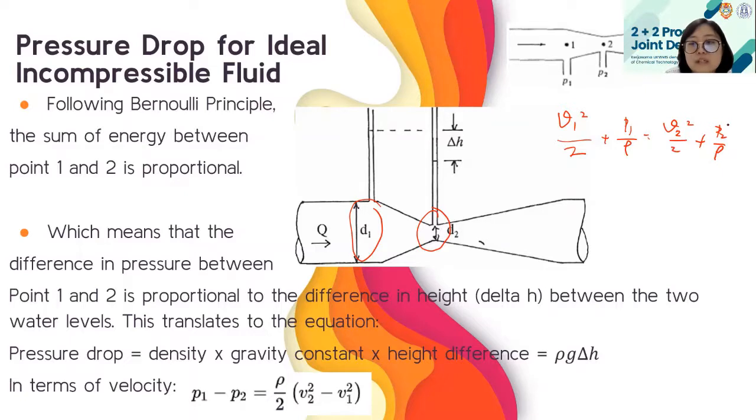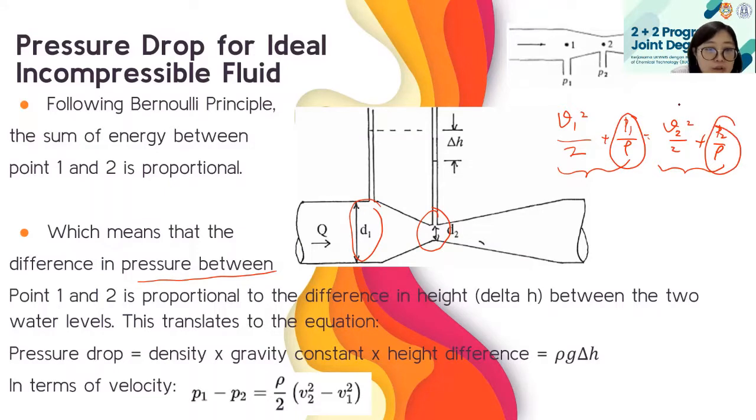So it's actually proportional, which means that the difference in pressure between point 1 and point 2 is also proportional to the difference in height in the manometer.